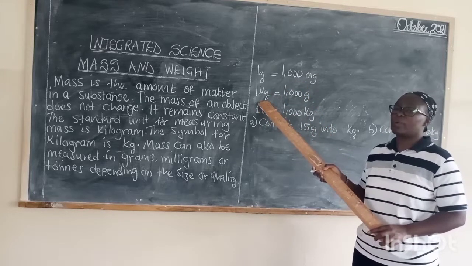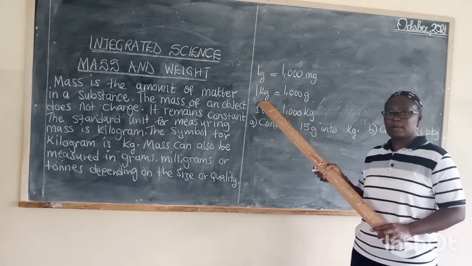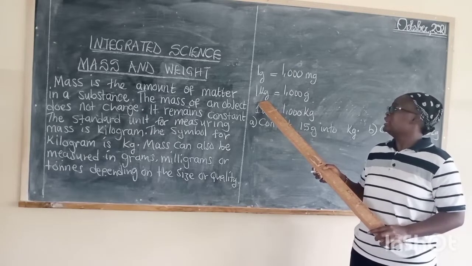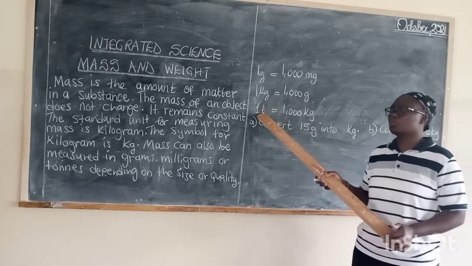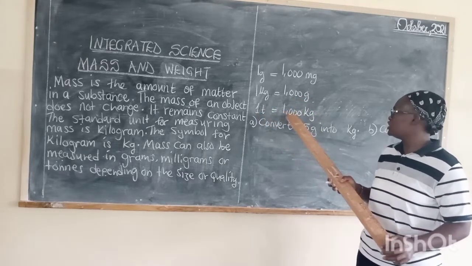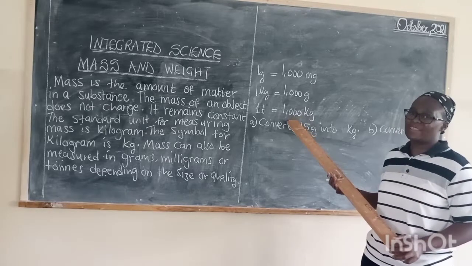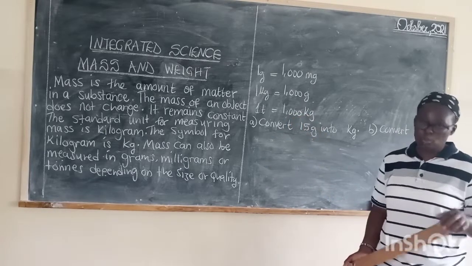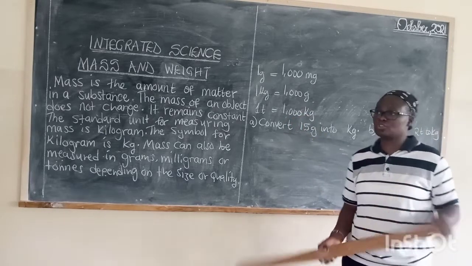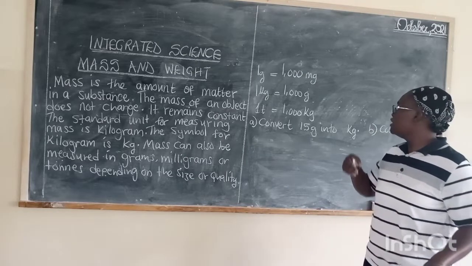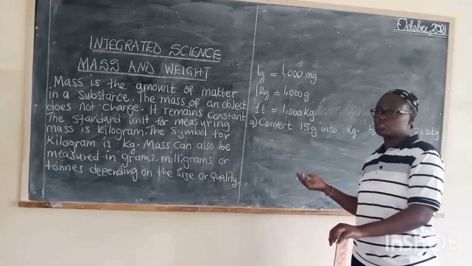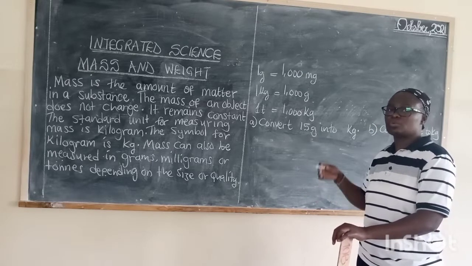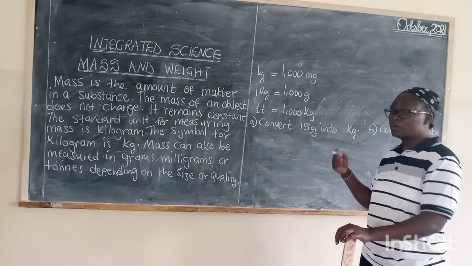If you have something weighing 1 kg, for example, sugar weighing 1 kg, in grams it means it is weighing 1,000. If you have something weighing 1 ton, in kg it means it weighs 1,000 kgs. Very good. So in the exam they can ask you maybe to convert from tons, from grams to kg, or from kg to tons, or from kg to grams.